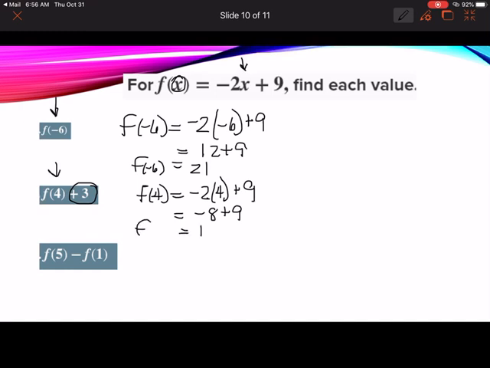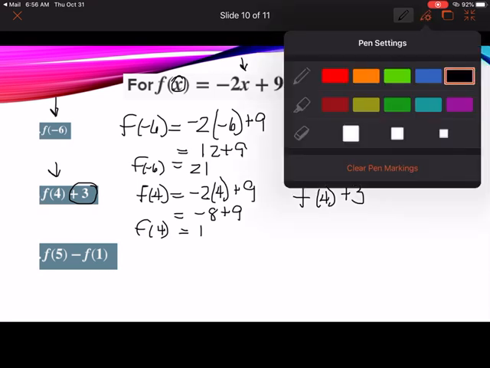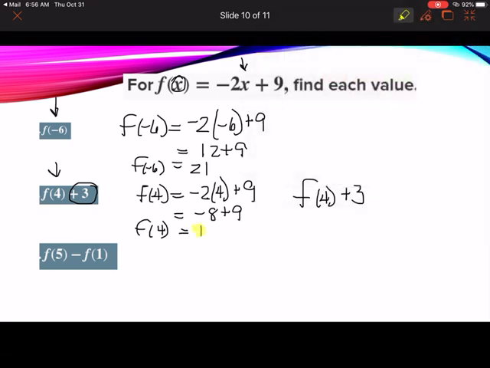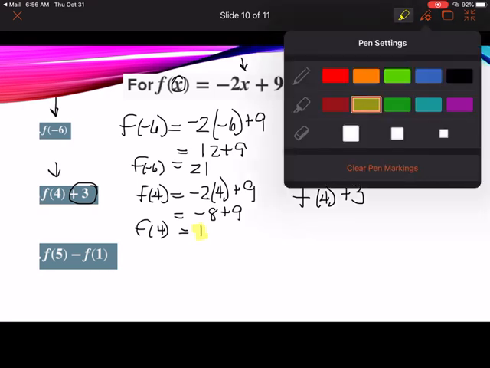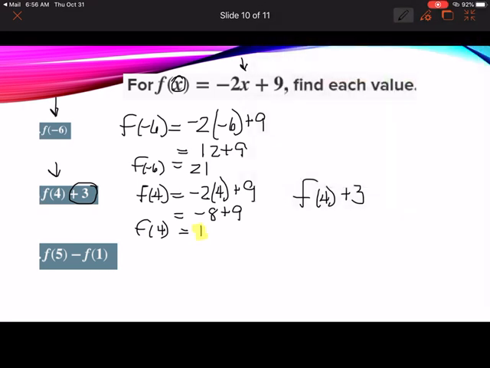So f of 4 equals 1. Now I need to find f of 4 plus 3. So I am going to take what I got here and add 3. So f of 4 equals 1, I'm going to add 3, and that equals 4.